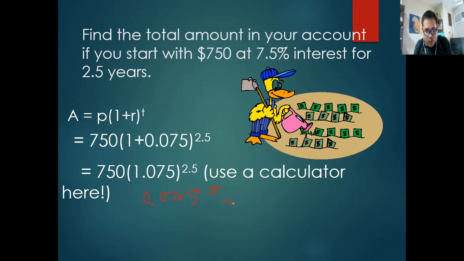Okay, 1.075 raised to 2.5 is equal to 1.1981775019949, and then of course multiply this by 750.